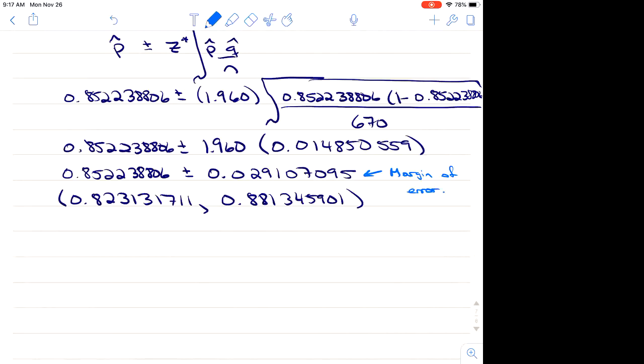Then I'll do 1 minus recall 1, times recall 1, divided by 670. Square root that. You're right, sorry, guys.